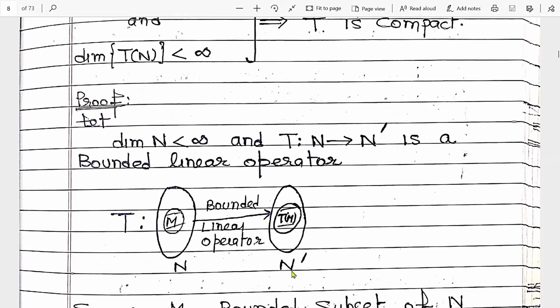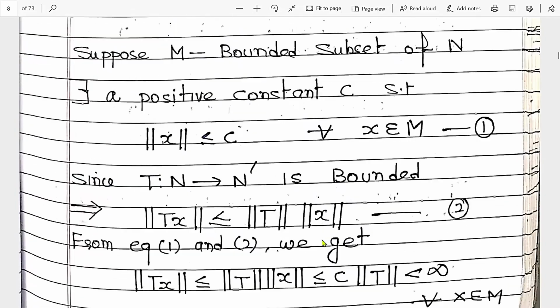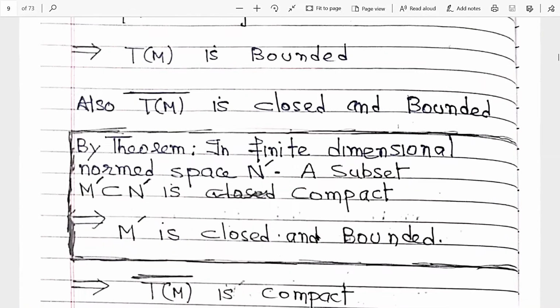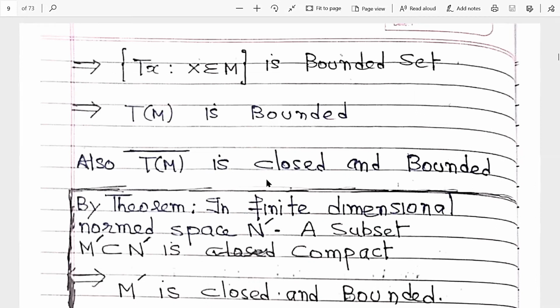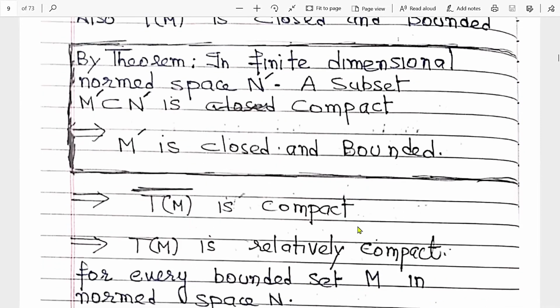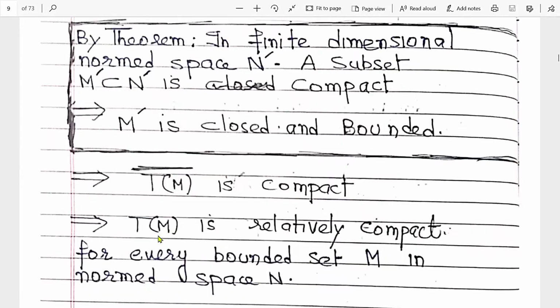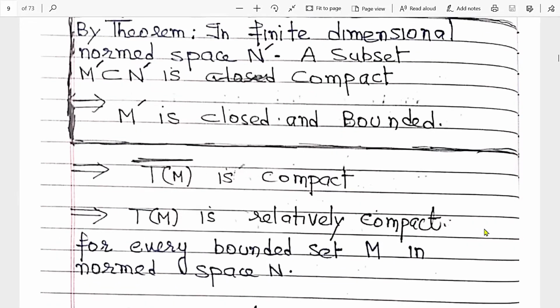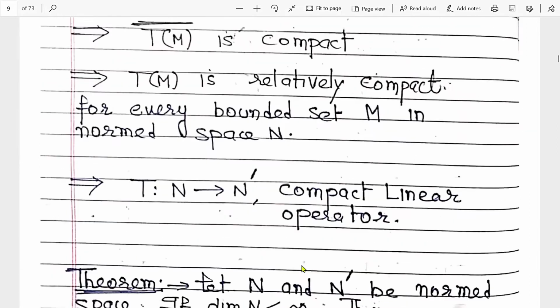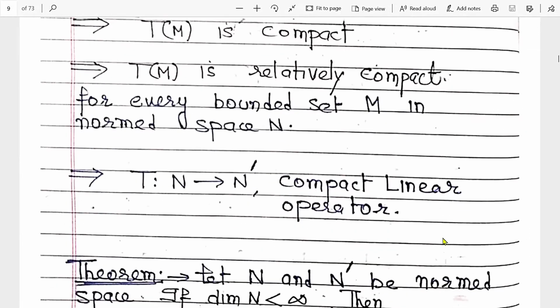So it is a finite dimensional space, and therefore the closure is compact. If this is compact, then T(M) is relatively compact for every bounded set M in the normed space N. It means T is a compact linear operator.